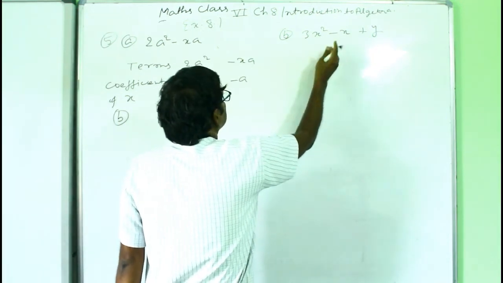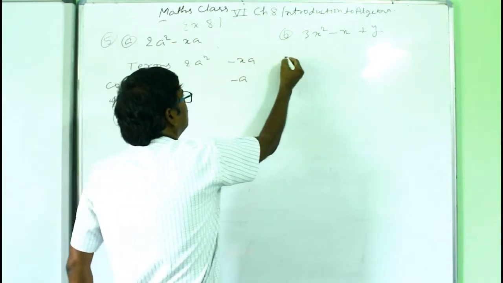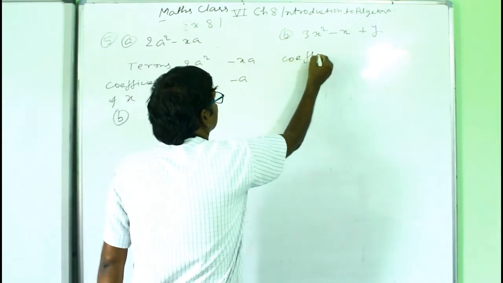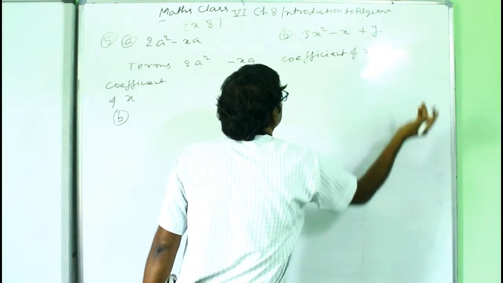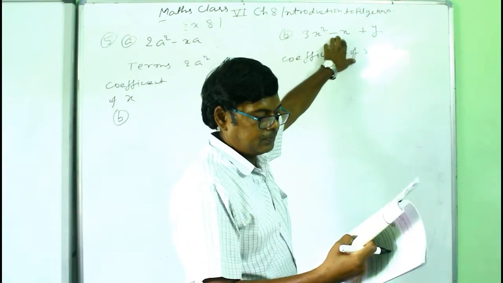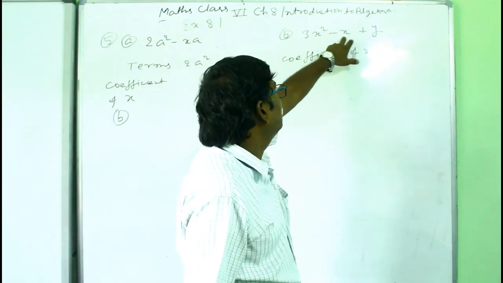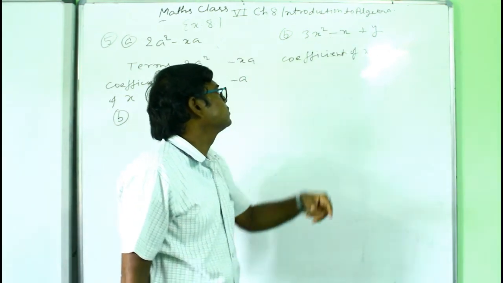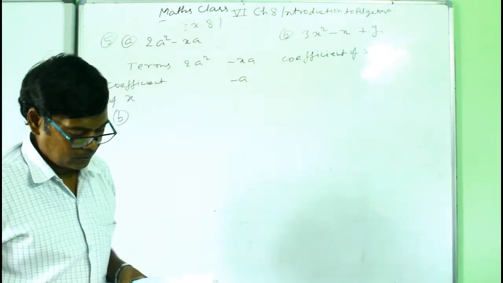We have to write only the coefficient of minus x. So just write here the coefficient of x equal to minus 1. Because see, this is x here, so in this x the coefficient is minus 1. So the answer will be minus 1 in this case, the coefficient of x.